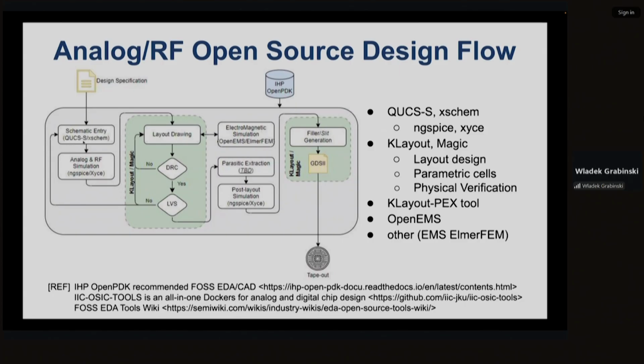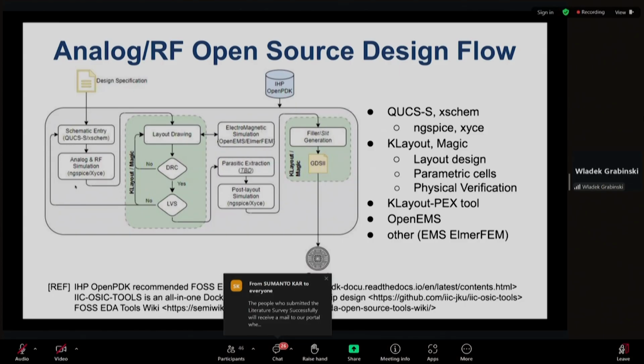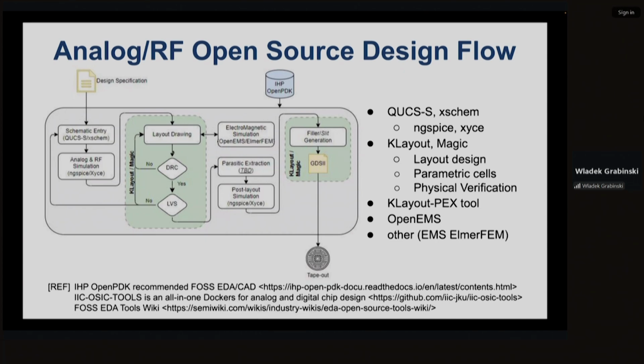In both cases, Qucs-S or eSim, we are using ngSpice or Xyce for transistor level SPICE simulation. After entering your schematic and running simulation, you come to circuit layout drawing. KLayout, and Magic as an alternative, offer all the tools for design rule checking and LVS, completing this loop. You then come to the point of parasitic extraction to validate your circuit.